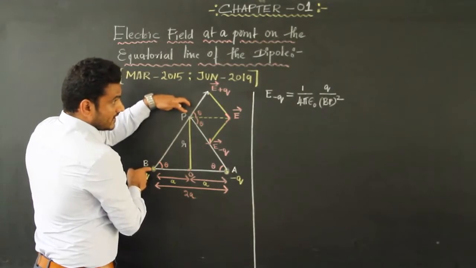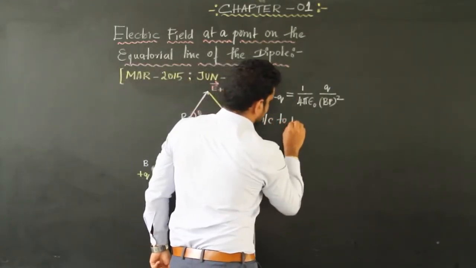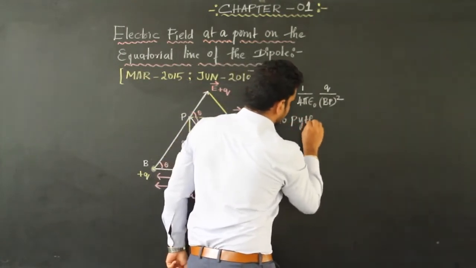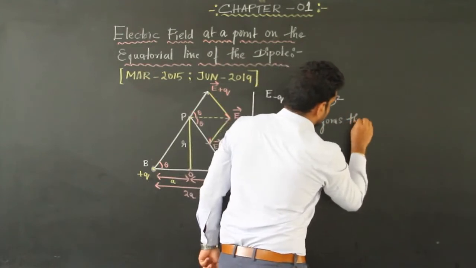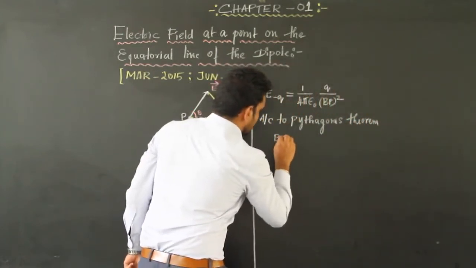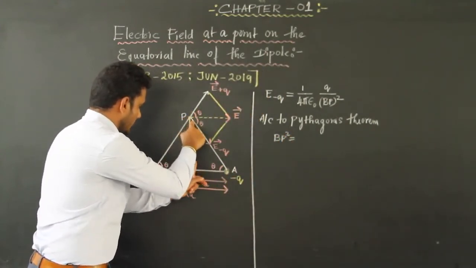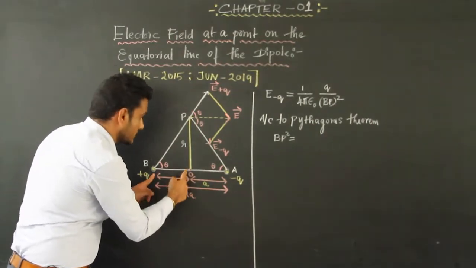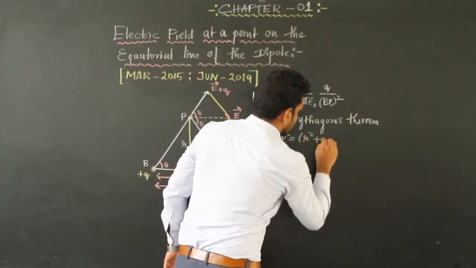According to the Pythagoras theorem, BP square is equal to r square plus a square, or a square plus r square. So in place of BP whole square, I will write r square plus a square.